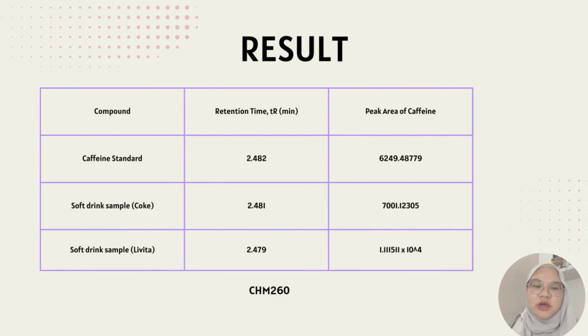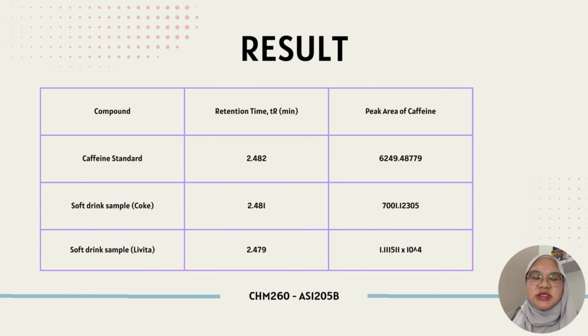To sum it all up, the caffeine standard had a retention time of 2.482 minutes with a peak area of 6249.48779. In order to obtain the peak area of caffeine of the other samples, we compared the chromatograms of the soft drink samples with the chromatogram of the caffeine standard. The peak that was similar to the caffeine standard was taken, and we obtained the peak area of caffeine for each of the soft drink samples.